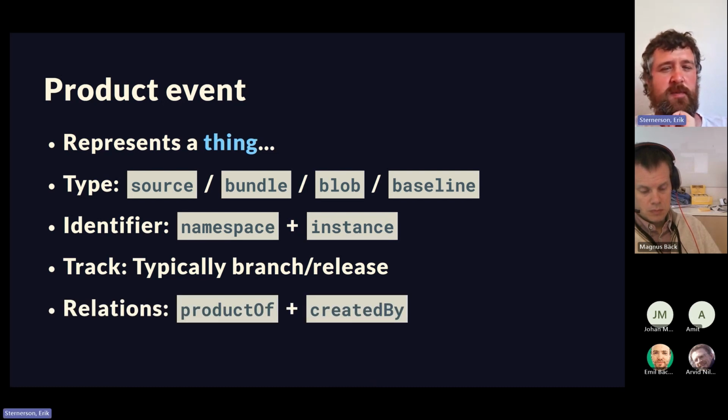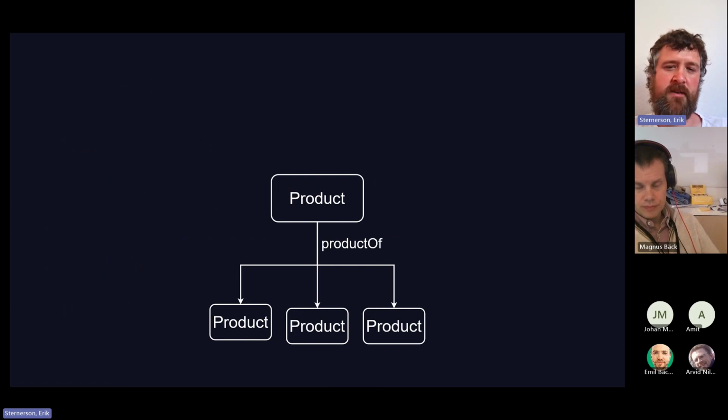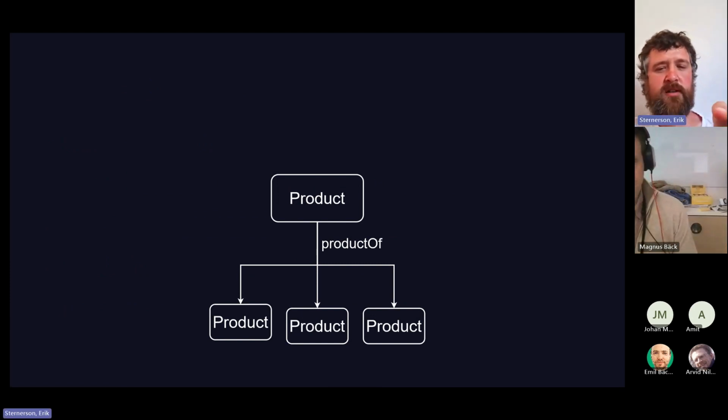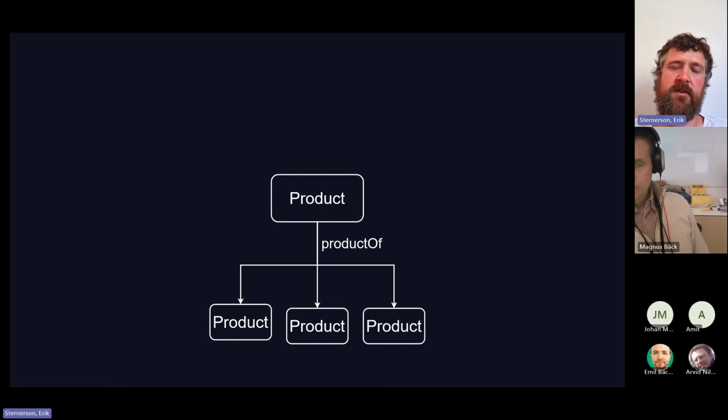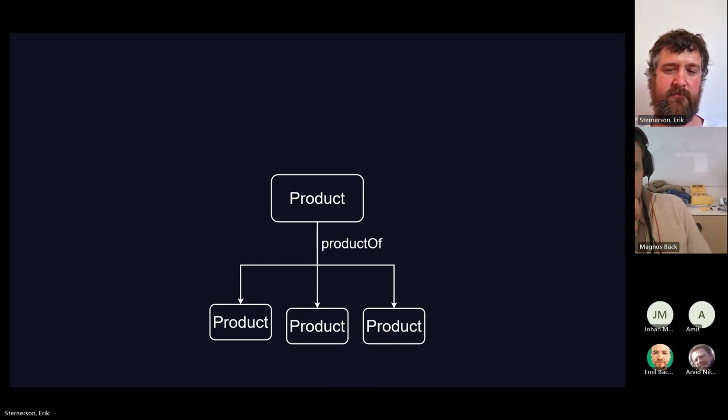And the relations from the product event to other things are two, which we will show in a picture next. One is product off. So you can have a product that consists of many internal products, so to say. This could, for instance, be one of those bundles that I mentioned before, which maybe collects sources from many different source code repositories, or you could have a blob, like a built binary that was built from sources from many different repositories.